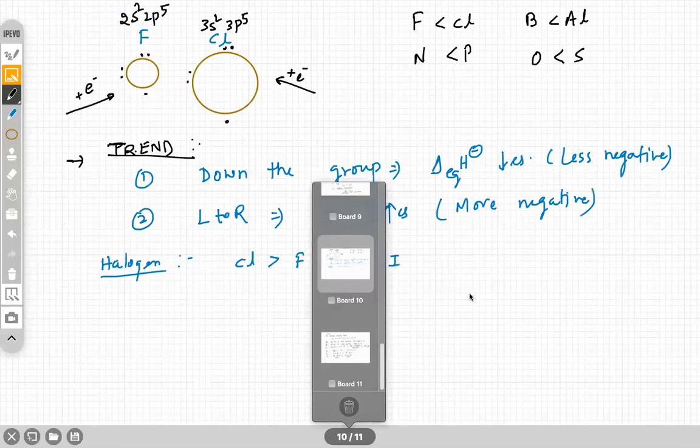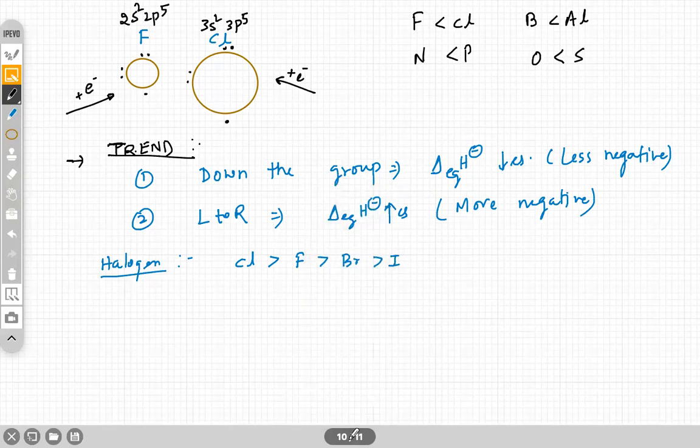Yes, Cl minus size is more than F minus, and similarly the size of I is more than that of Cl, so that is more stable. So these are the points you must remember for electron affinity and ionization enthalpy.